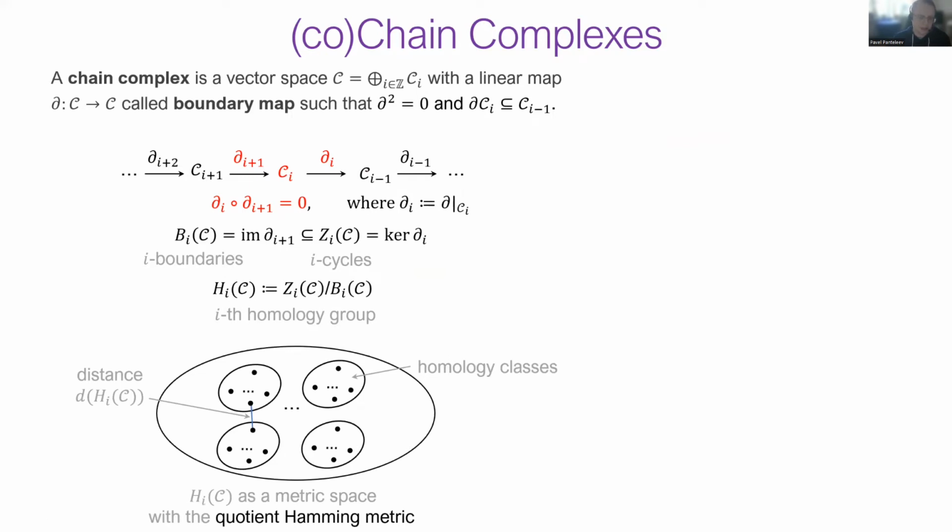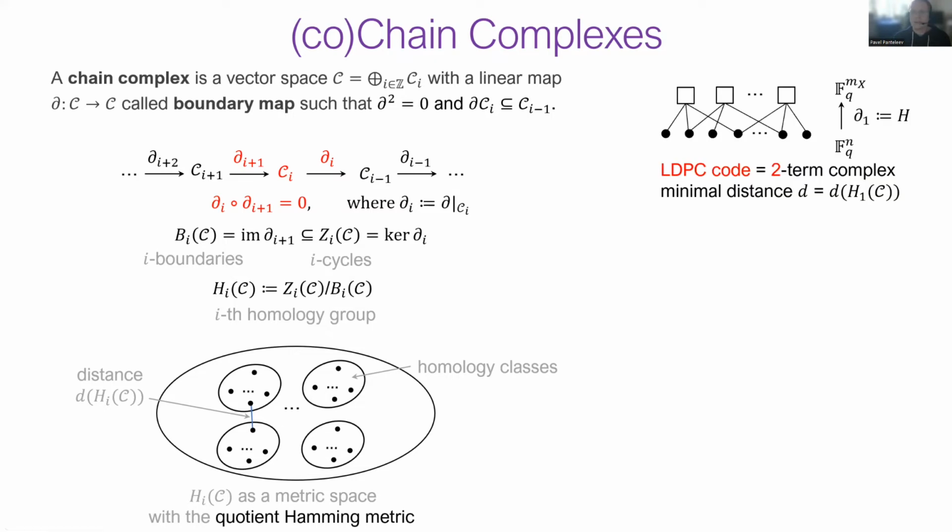And you can see that, in fact, you can consider this homology group also as a metric space, because these homology classes are just cosets, and in exactly the same way as we did before for quantum LDPC code, we can consider the quotient Hamming distance for them.